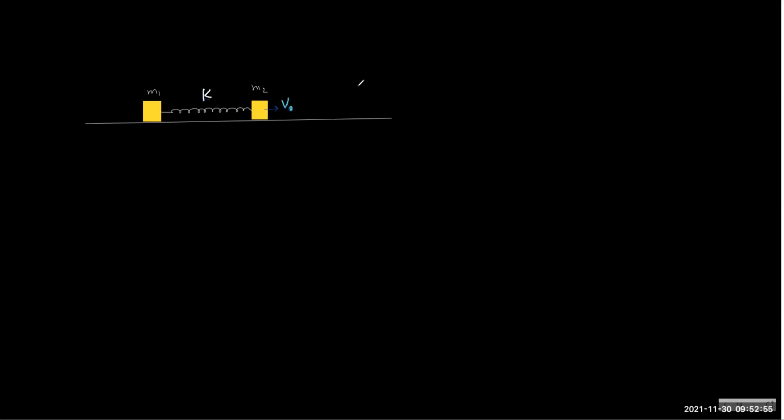Tell me, guys, in the CM frame, what is the kinetic energy as of now? So K mu initially is how much? We know the answer is half mu, and the initial relative velocity, which is v not only because one is at rest, squared.